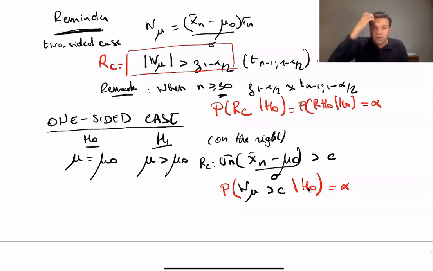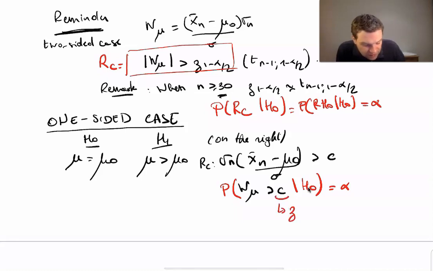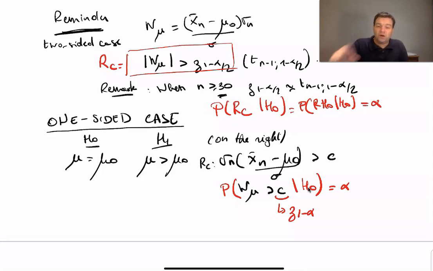In this case, it's really easy to compute. In the case of a normal distribution, if W mu is standard normally distributed, it's really easy to see that c is in fact z 1 minus alpha. You can compute it by yourself. The probability that W mu is larger than c is 1 minus the probability that W mu is smaller or equal to c, and this should be equal to 1 minus alpha.